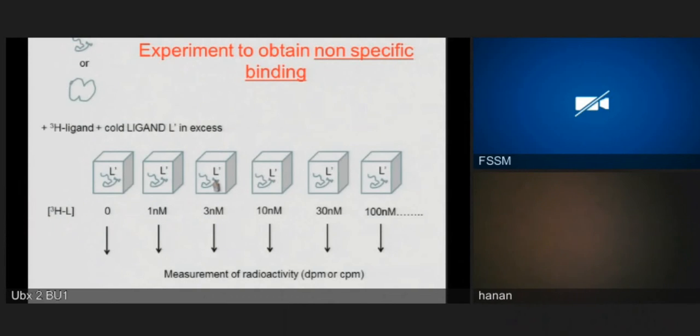And you do the same for all concentrations. Normally here you don't expect so much radioactivity, because L prime prevents the binding of L on the site of interest, R. But L could also target something else that you don't know, and you have to measure it.